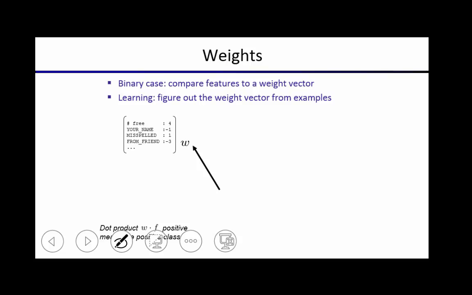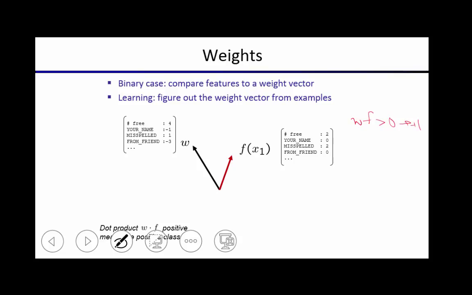So if you have your weight vector right here, and a feature vector for your point x1 right here, then the dot product will determine the classification that you make. If the dot product between w and f is greater than 0, then you output +1.